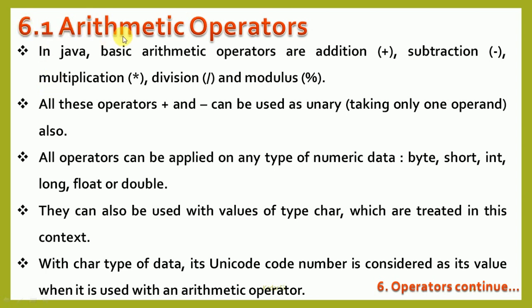So what are the arithmetic operators in Java? The basic operators are addition, subtraction, multiplication, division, and the modulus sign. The plus and minus operators can be used as unary, taking only one operand. All the operators can be applied on any type of numerical data, like byte, short, integer, long, float, and double.